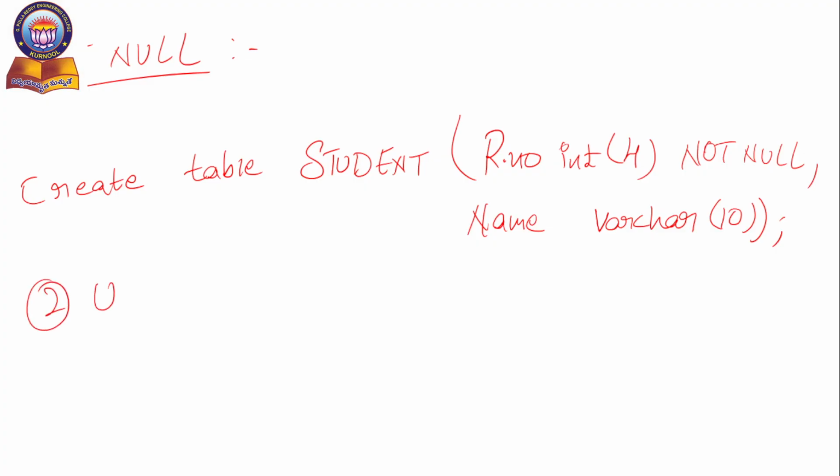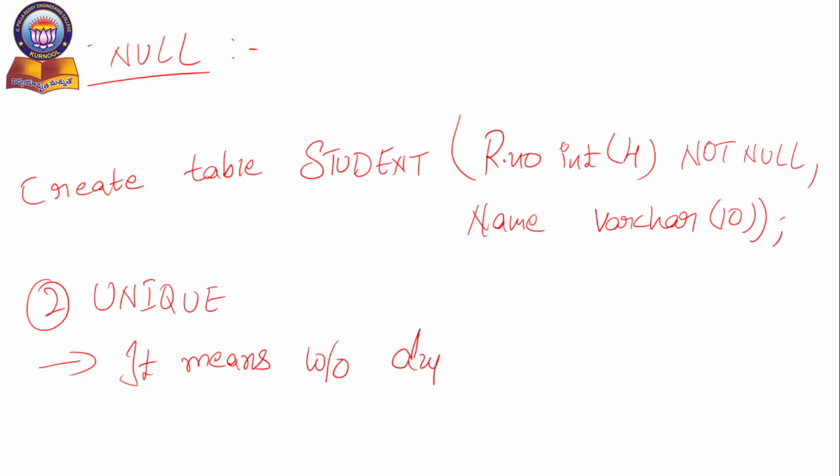Next, second one, unique. What is meant by the unique? Unique is nothing but the same as the not null constraint, but it means without duplication or repetition.